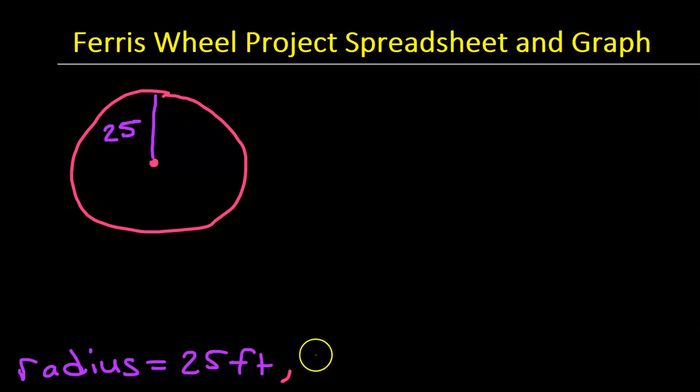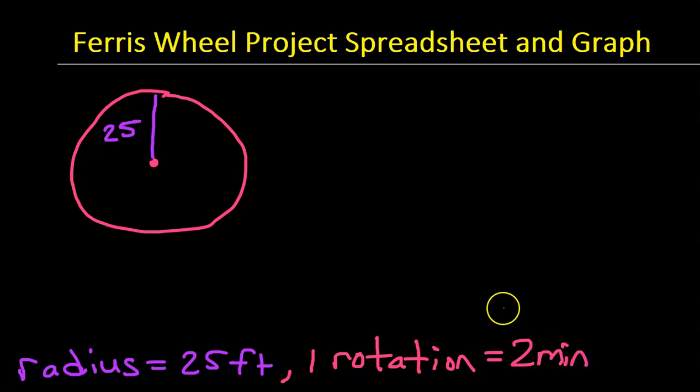One rotation takes 2 minutes. 2 minutes is 120 seconds. So we're going to wind up using the seconds.